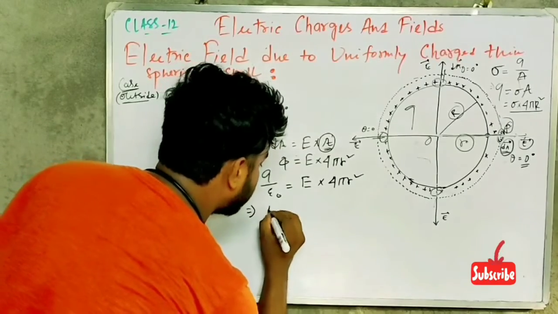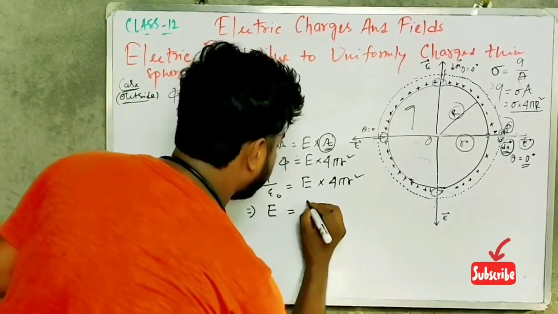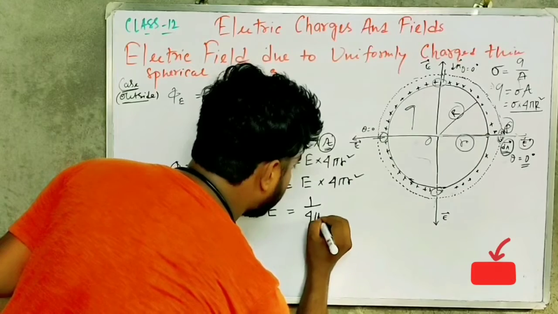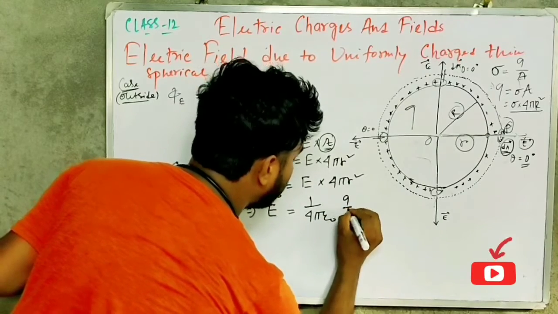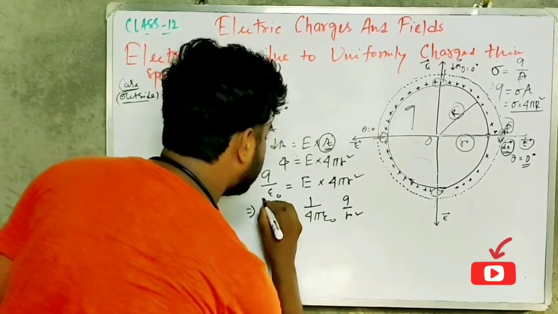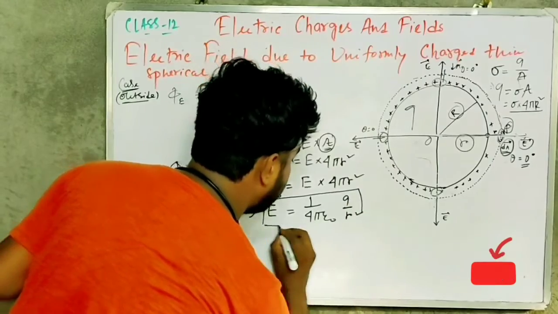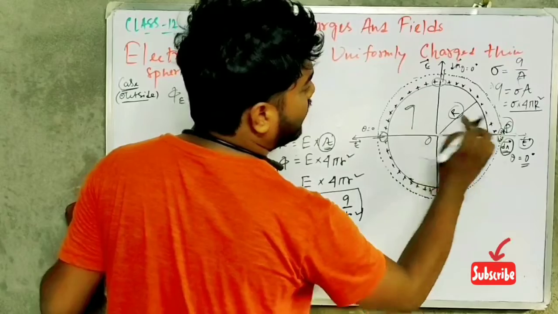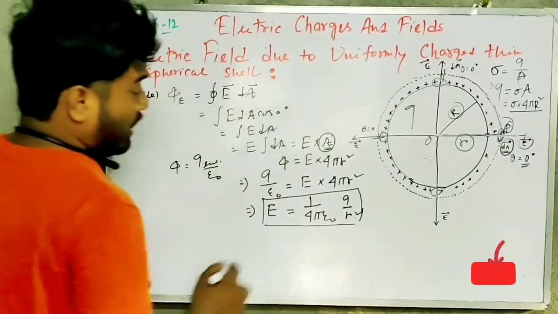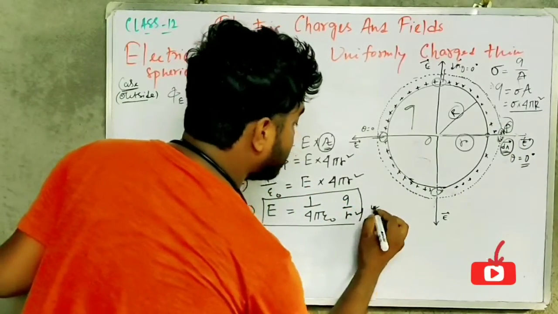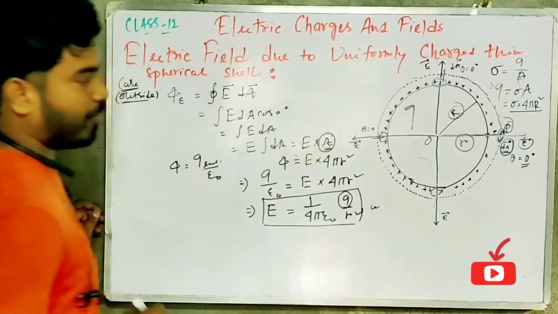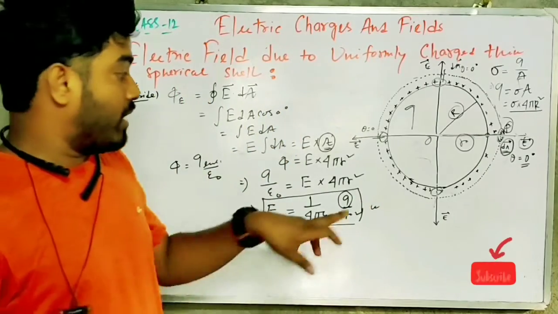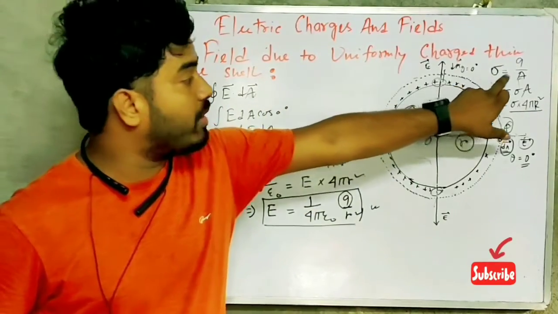Now what will be the expression of E? E will be 1 by 4 pi epsilon naught times Q by r square. This is the expression of the electric field outside of this spherical shell at that point. Now this expression is in terms of Q; if we consider surface charge density, then what will be the expression of Q?